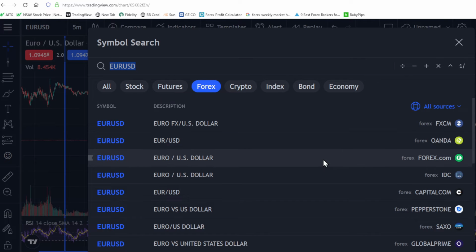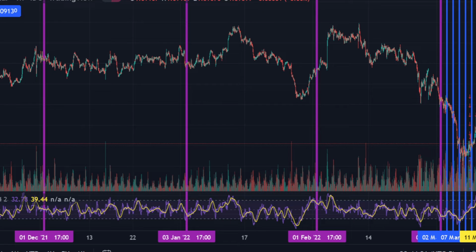And then you just pick the one you think has the most volume, and IDC seems to have the best consistent volume overall. So let's talk about now using trend lines and resistance and support to help you.